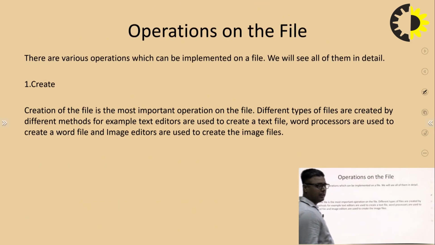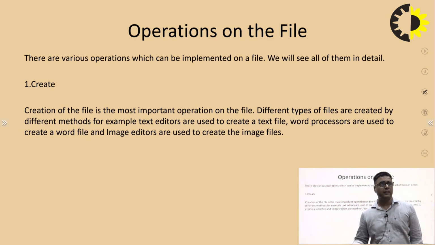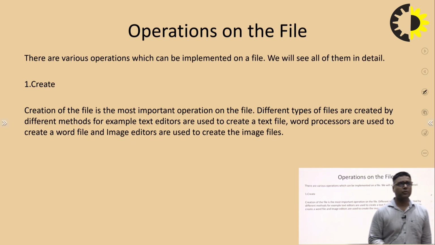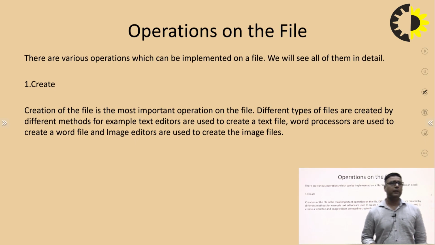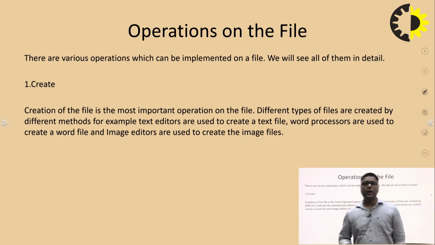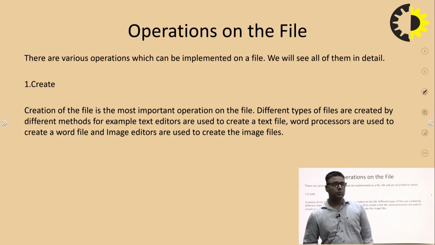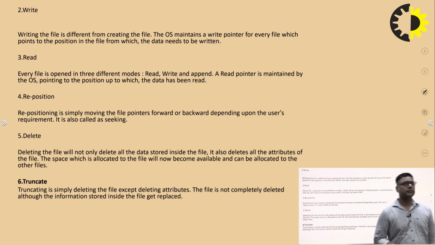How are files created? First, create the file. The creation of files is the most important operation on files. Basically, different types of files are created by different methods. For example, a text editor is used to create a text file, a word processor is used to create a word file, and an image editor is used to create image files.